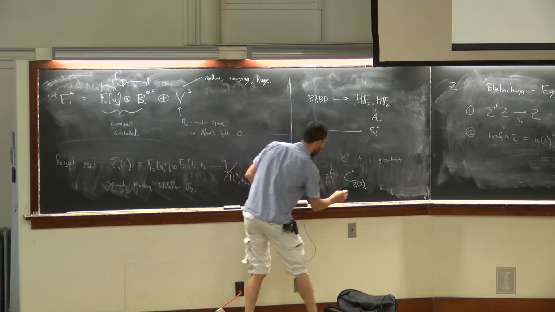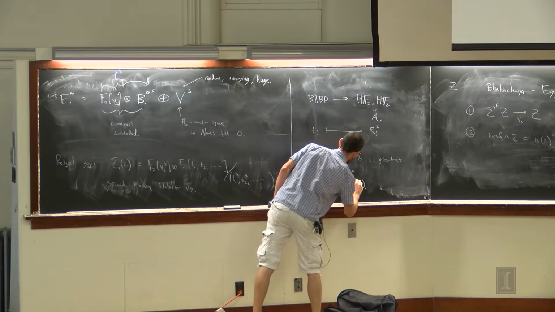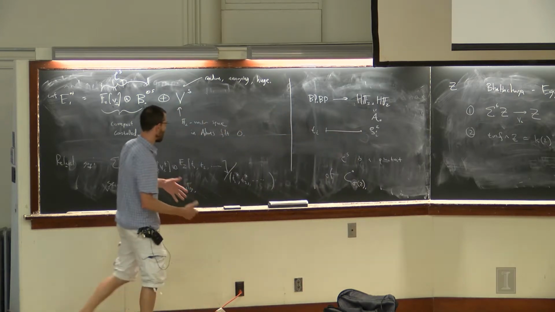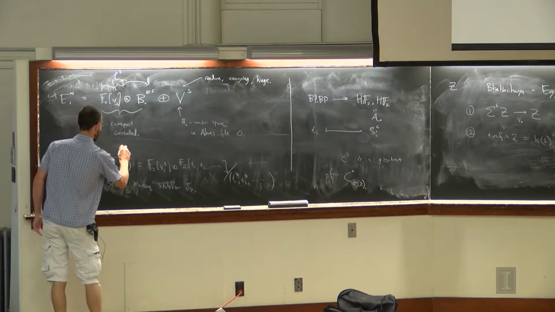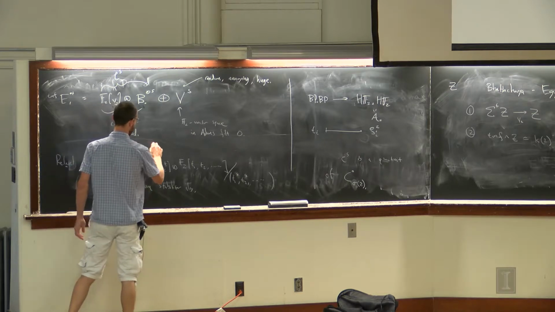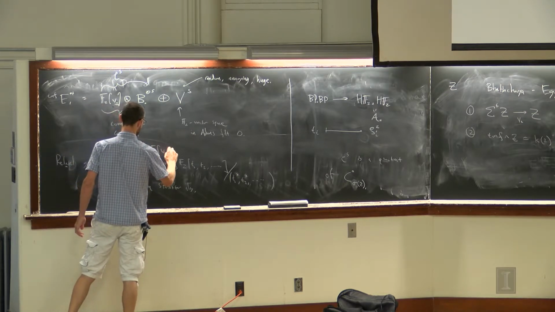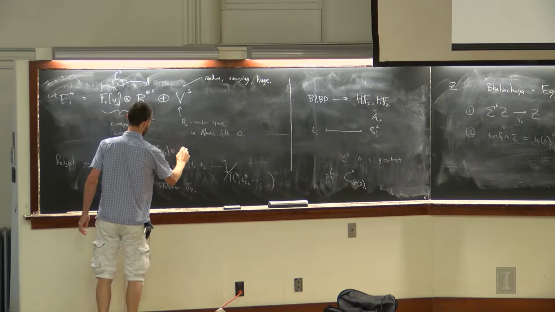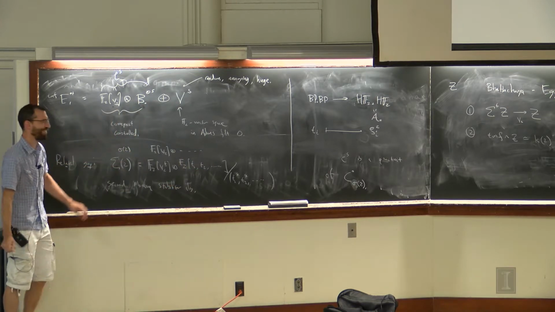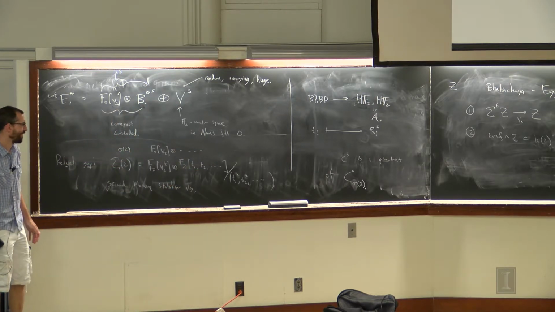Well, almost. I'm going to put a little sigma 2 to indicate that it's a variant where you do V2 and not V2 inverse. So it's a kind of connective version of the Morava stabilizer algebra.